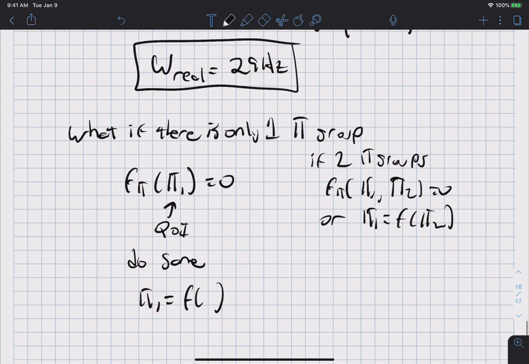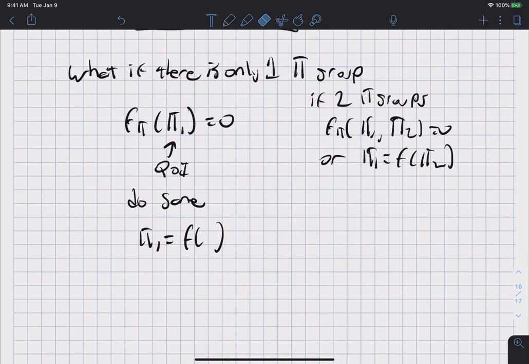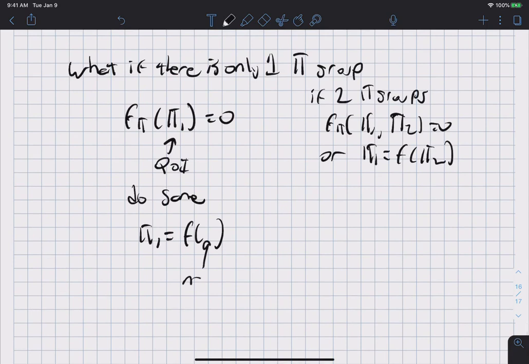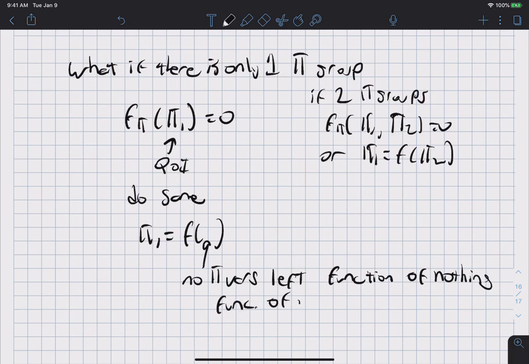There are no pi variables left, and a function of nothing is a constant.